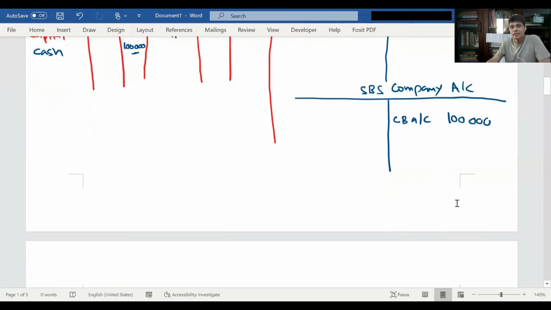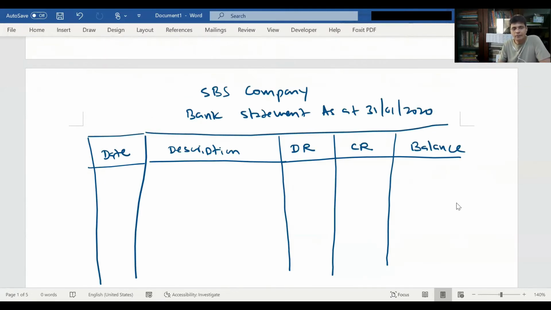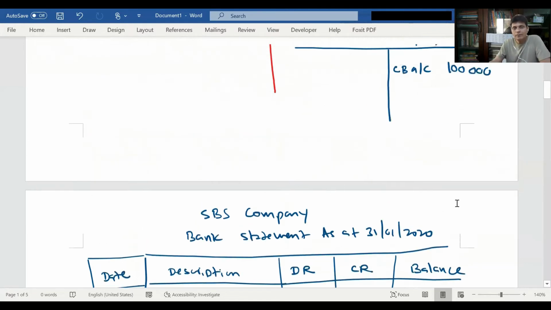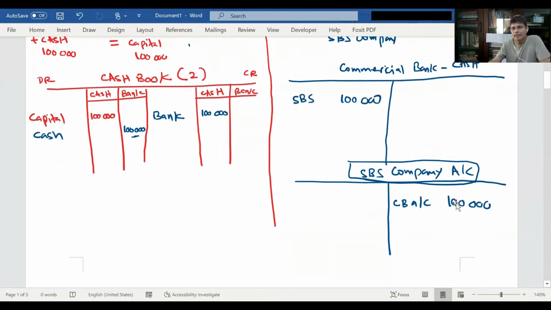Okay, so the bank statement will look like this. Let's say the company deposited the money in 2020. Okay, so the company deposited, right? So this is the SBS company account. This is what they are going to show you in this columnar format.